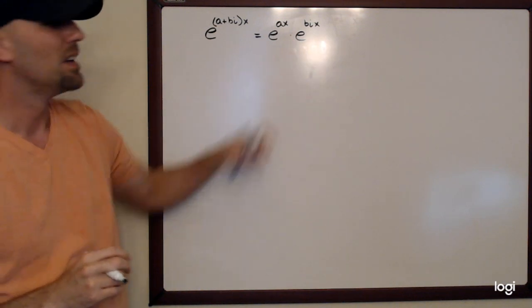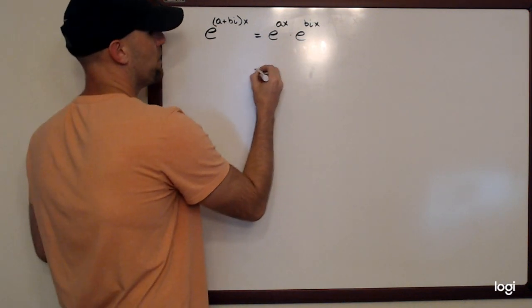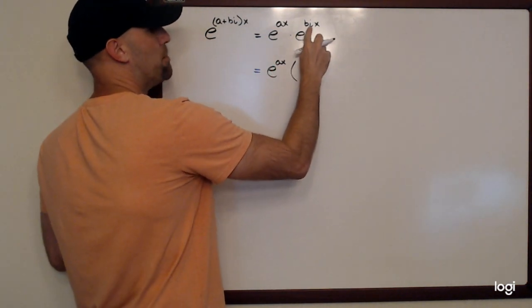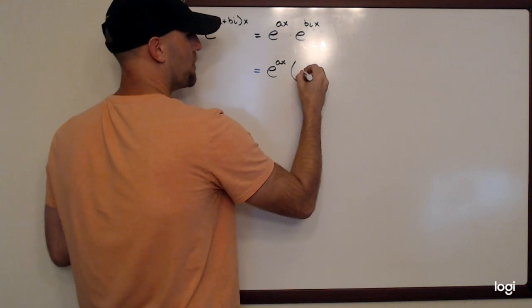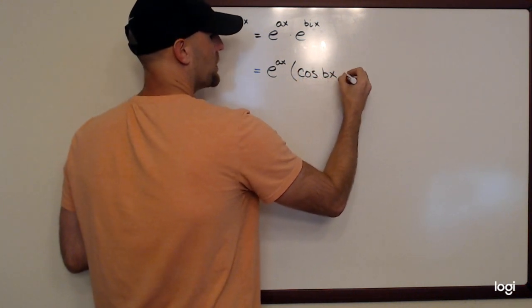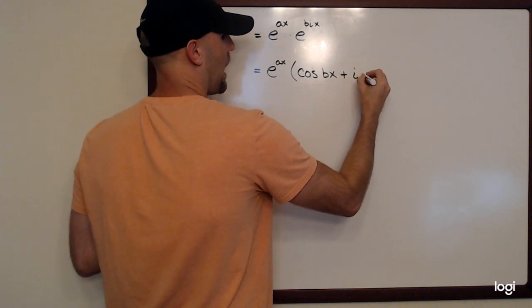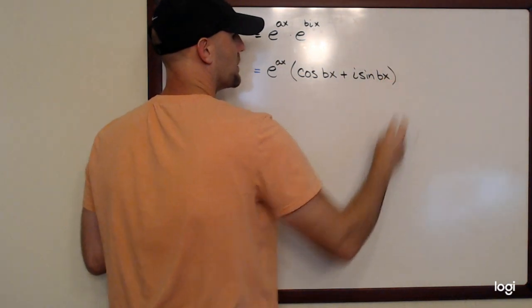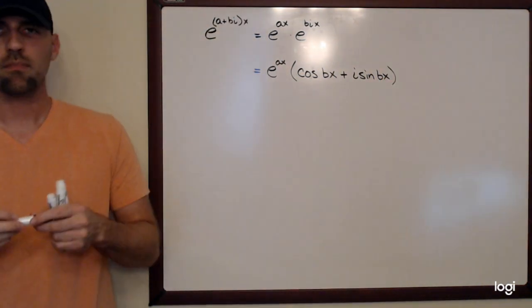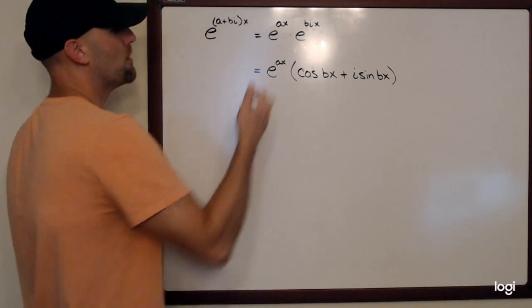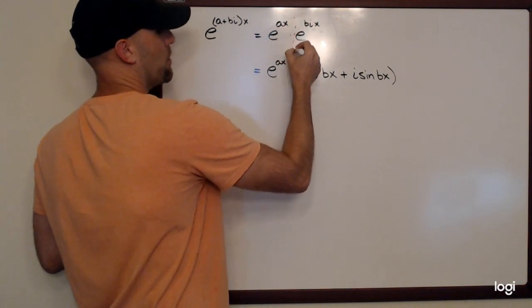Euler's formula says e to the bix is cosine bx plus i sine bx. So this equivalency is Euler's formula.